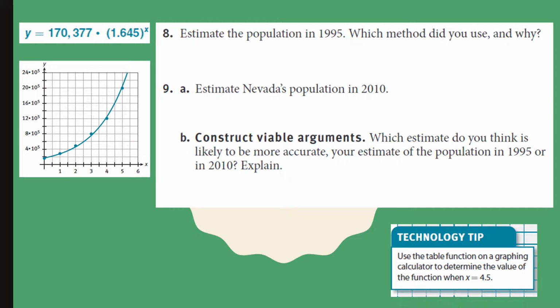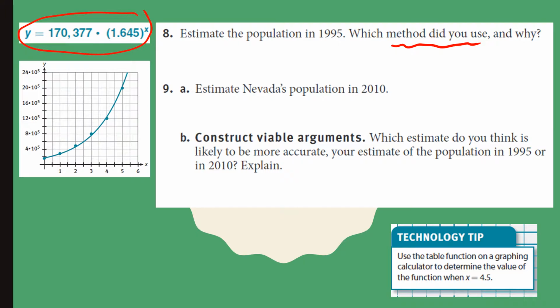So now it wants us to actually estimate that population in 1995, and it wants to know which method we chose to use, a table, a graph, or a function. So I really want you to decide what way you want to use. I always rely on the function. I just think it's easier than trying to guess from a table or from a graph exactly what that would be.